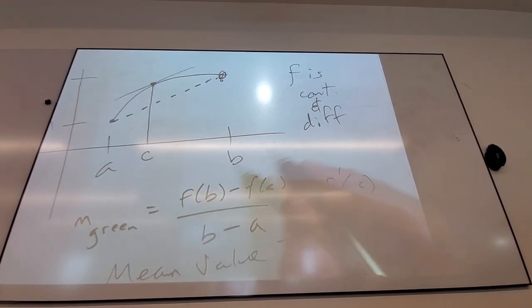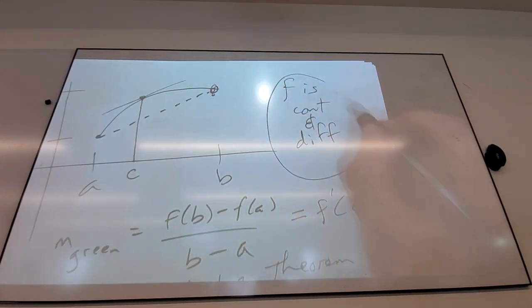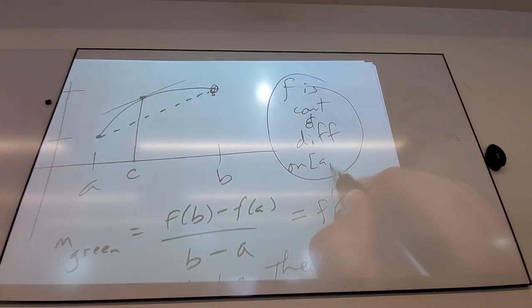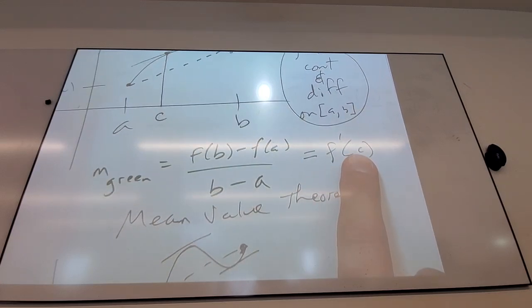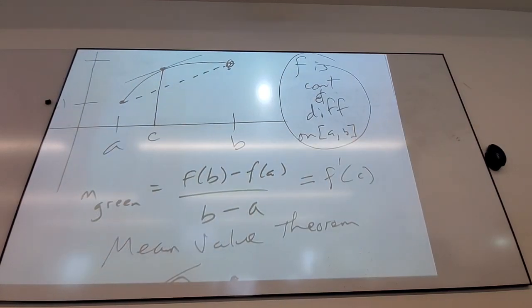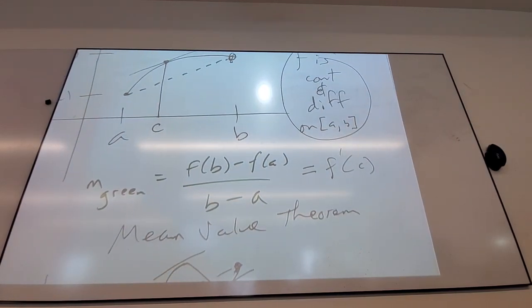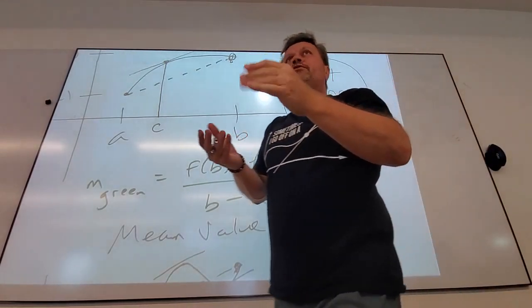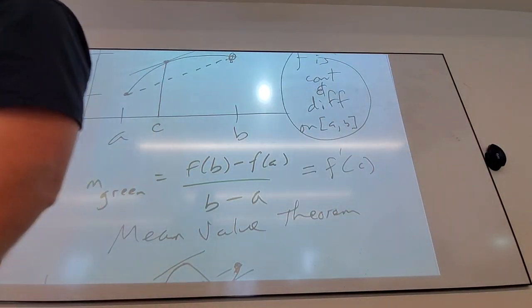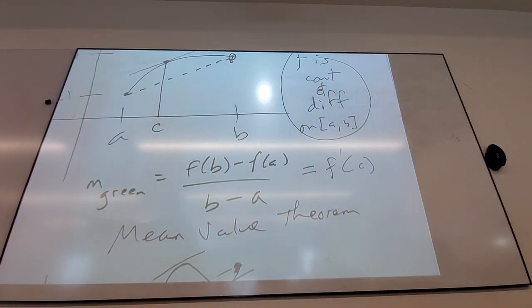The mean value theorem says, if I have a function that is continuous and differentiable on an interval, there's at least one location C where the derivative at that point is equal to the straight line slope. And that just, on one level, is like, well, yeah. Because the only way I could escape it is if I could teleport or if I could kink. If I could do one of those two things, I could escape that. But continuous and differentiable, can't do either one of those.